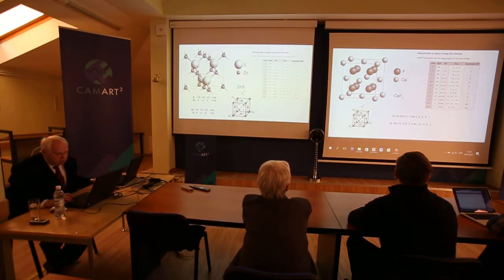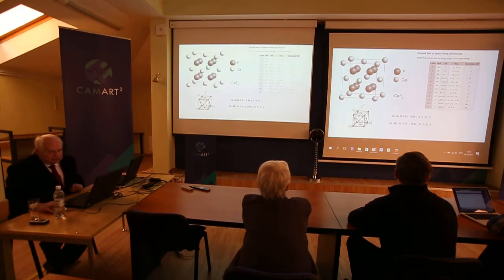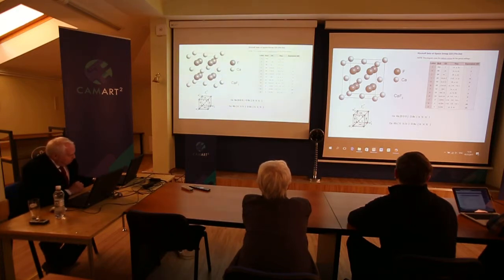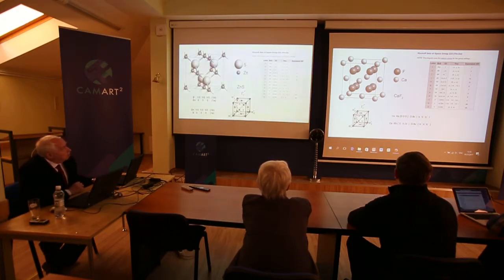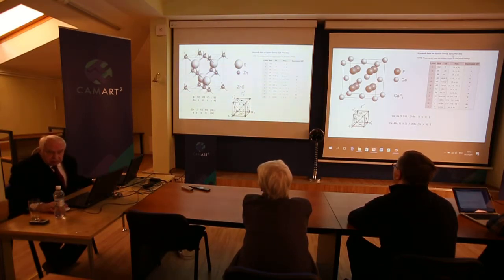Already yesterday I talked about this. What is interesting is that both the sphalerite structure and this fluorite structure have the same space group, face-centered cubic lattice, cubic symmetry, 225, but different chemistry.